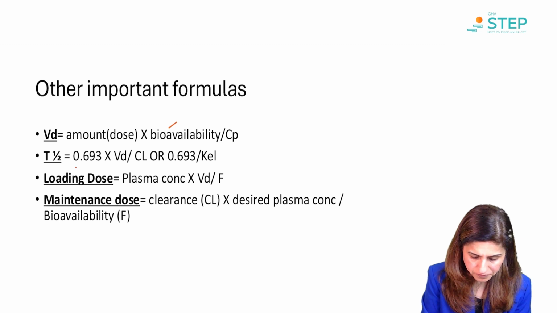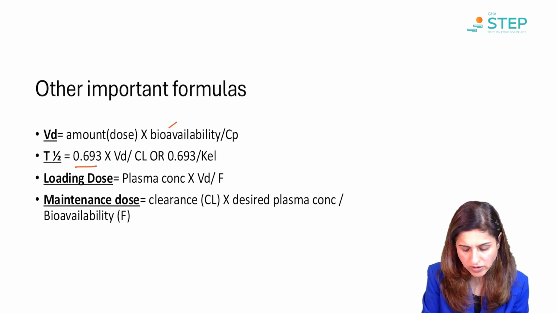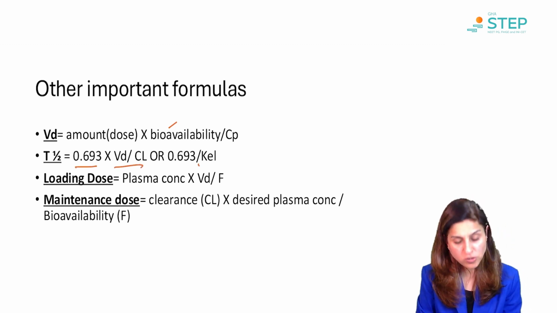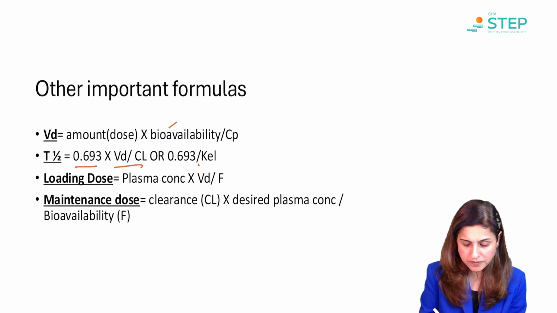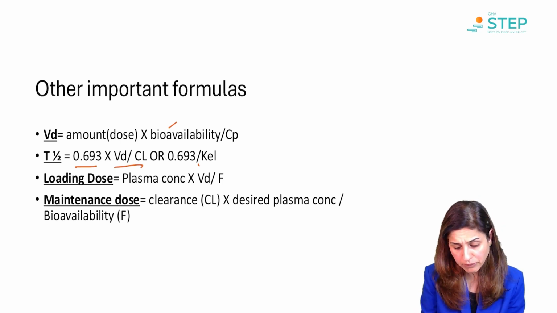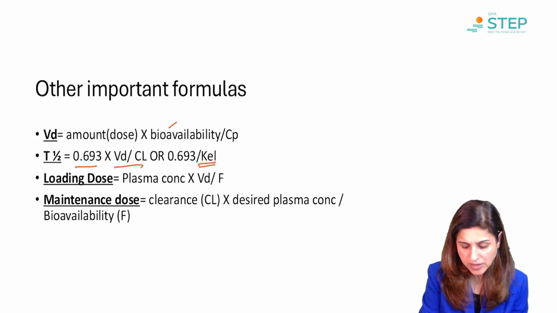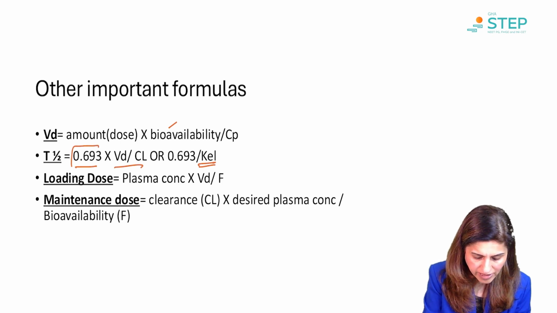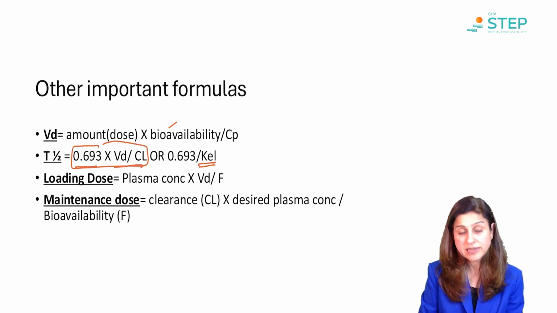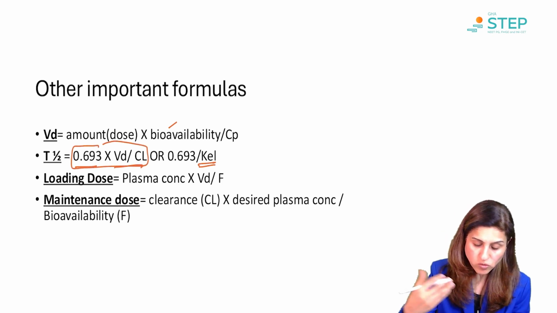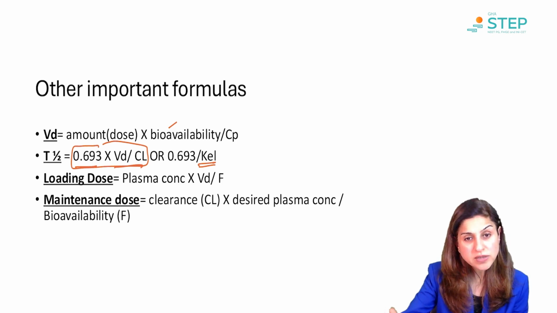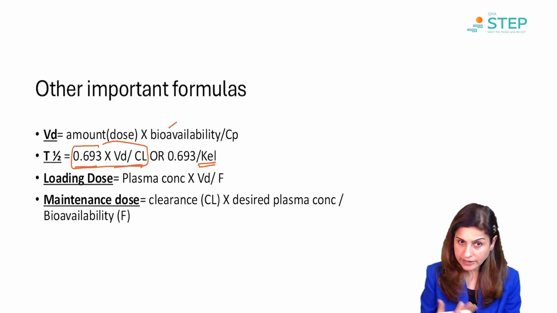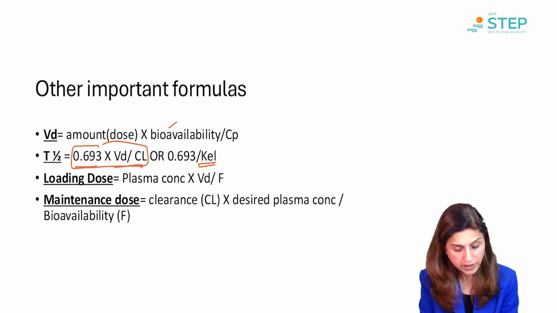Half-life is 0.693 into volume of distribution divided by clearance, or the elimination constant can replace this. But I think it is advisable to remember this, because there was an MCQ where the volume of distribution and the clearance were given, and you were asked to calculate the half-life of the drug. So this is how you can put it.